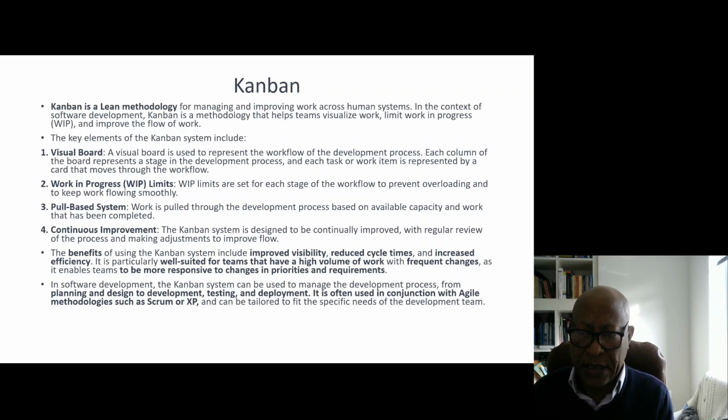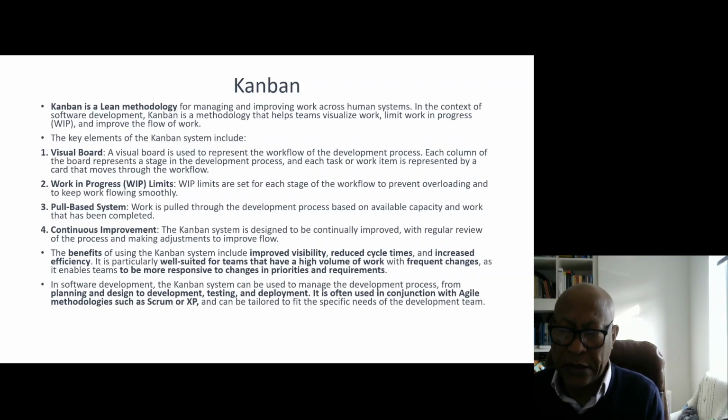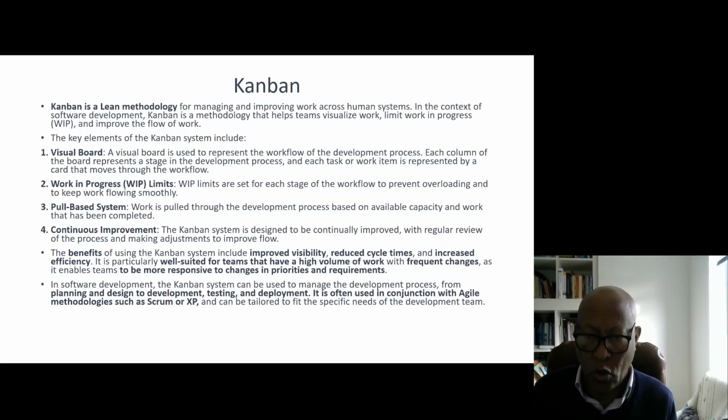So work-in-progress limits are set for each stage of the workflow to prevent overloading and to keep work flowing smoothly. So inefficiencies, and workers that are not really contributing to the workflow progress, are identified and smoothed out, so that all tasks and all efforts are geared towards progressing the work required.